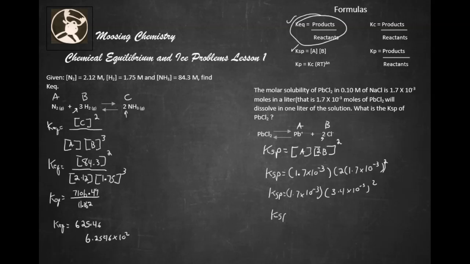And so when we multiply that, we're going to get 1.965 times 10 to the negative 8.